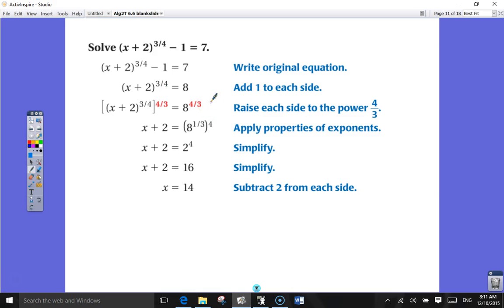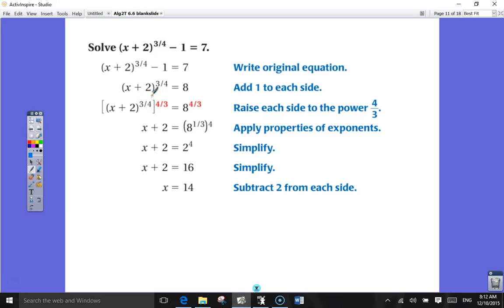Now 8 to the 4/3, that's the third root of 8, which is 2, to the 4th power, 16. You could turn it into a radical or follow their math there, but the third root of 8, because of the denominator, is 2, to the 4th power is 16. There you go. Now, x plus 2 to the 3/4 to the 4/3, you multiply the exponents, they go away. Now you just got an x plus 2.